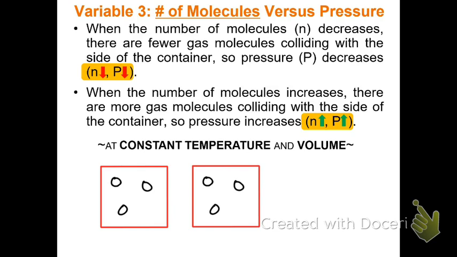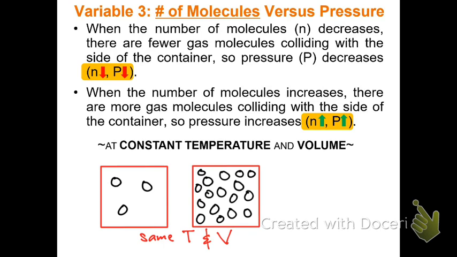So I'm going to add a lot more molecules here on the right hand side, the right container. Now, looking at this, it's the same temperature and volume. Because we're looking at the number of molecules here, you can see that this container would result in higher frequency of collision.